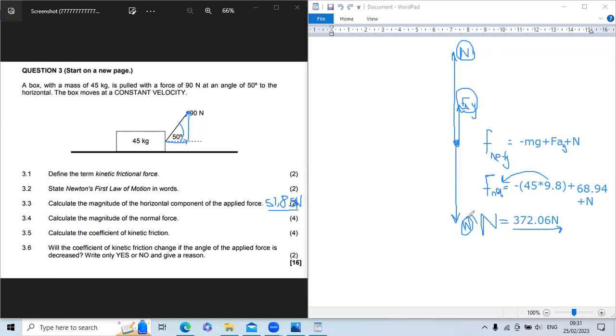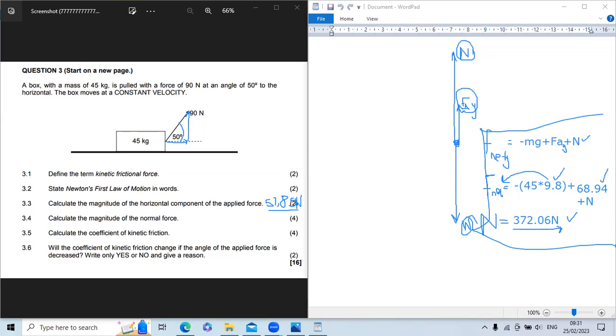This is just to help you with the directions. That's why I drew it. This is actually just a 3-step question. You see, you have 1 mark for this, and then 2 marks here.